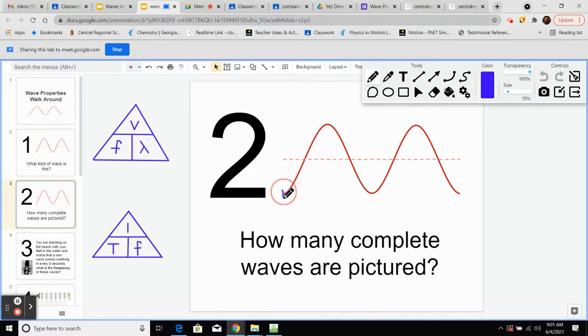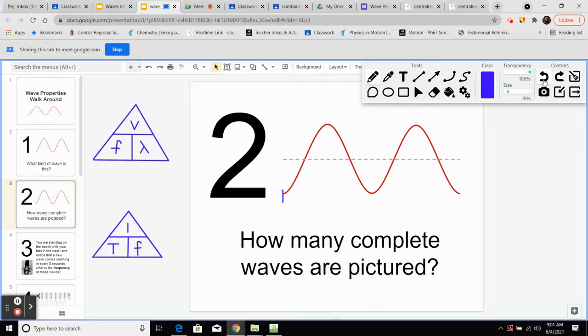So if I started here at the bottom trough, it goes up to the crest, goes back down to the next trough, and then it would basically repeat that first motion. It starts from the bottom like that, up. So we have 1 complete wave here, and then the second one. So we have 2 complete waves.